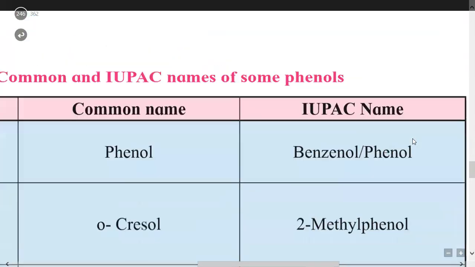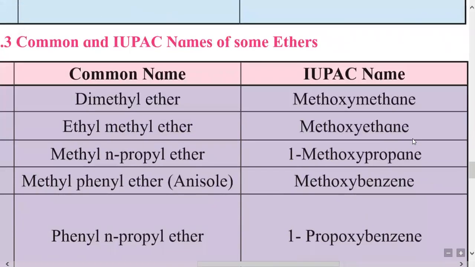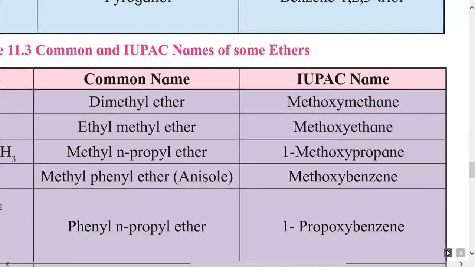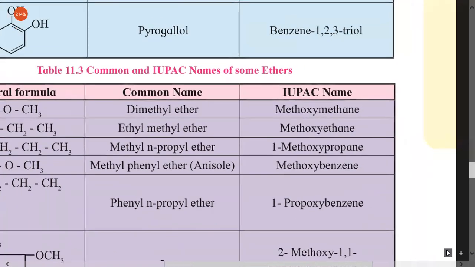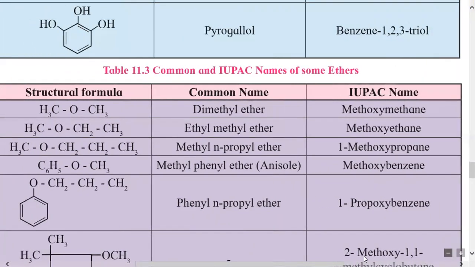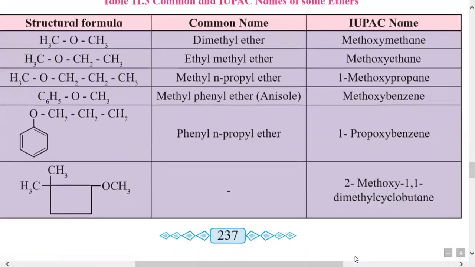So in this way, names of these ethers are given. Now we will study examples of ethers, how their common and IUPAC names are given. This table consists of examples of ethers, that is their structural formula, then common name and IUPAC name. The first example is CH3OCH3.